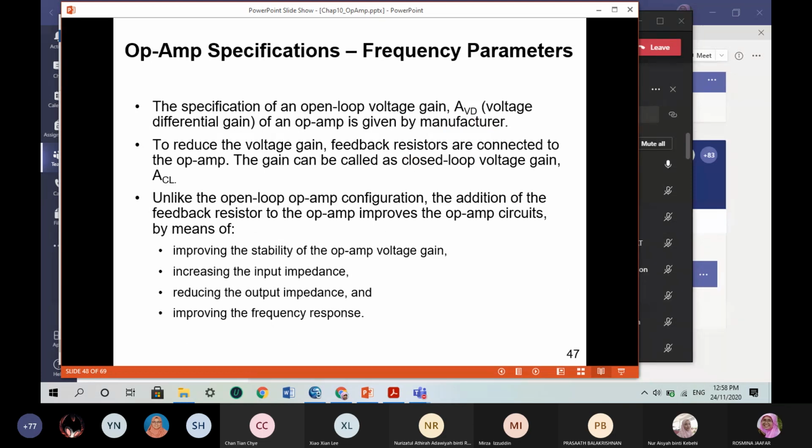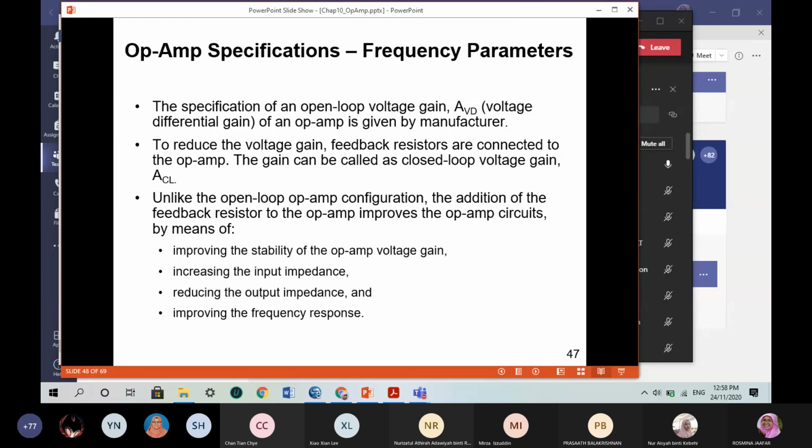Okay, op-amp specifications, frequency parameters, and the specification of op-amp voltage gain, where AVD is the voltage differential gain, is always given by the manufacturer in the specification or data sheet. To reduce the voltage gain, feedback resistors are connected to the op-amp, and the gain is called the closed loop voltage gain.